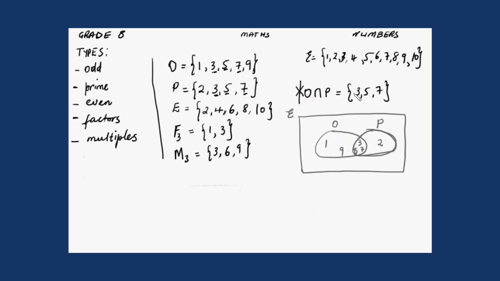Now we still have to look at the universal set and see the elements that do not appear in these sets but are in there. So 4 is not here, so it will be out here. 6 is in here.